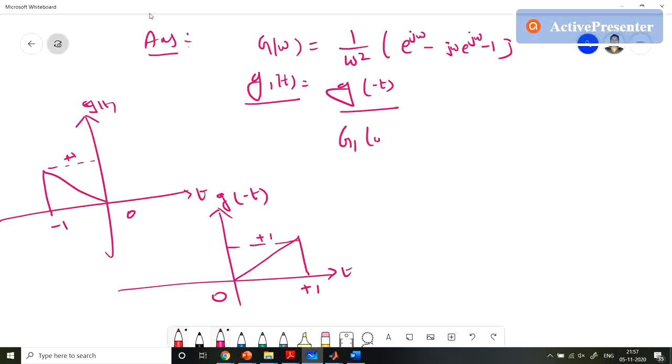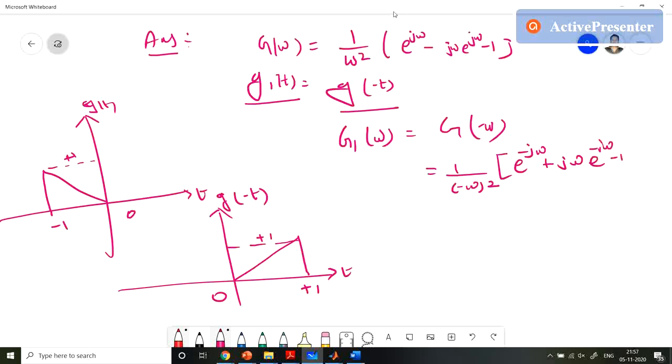So what is G1 omega? G1 omega is G of minus omega, and G of minus omega is 1 divided by minus omega square. From this equation, e raised to the power minus j omega, minus will become plus, e raised to the power minus j omega minus 1. So it is 1 divided by omega square, e raised to the power minus j omega plus j omega e raised to the power minus j omega minus 1. So this is G1 omega.